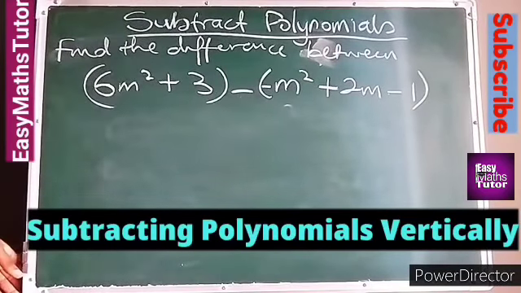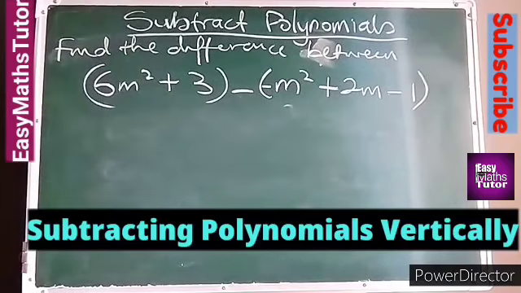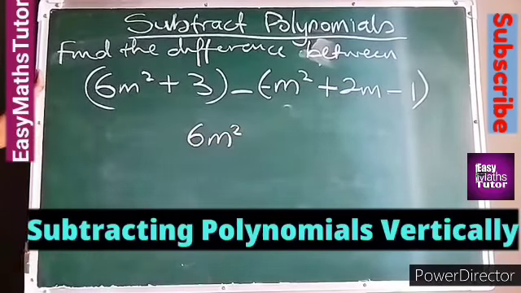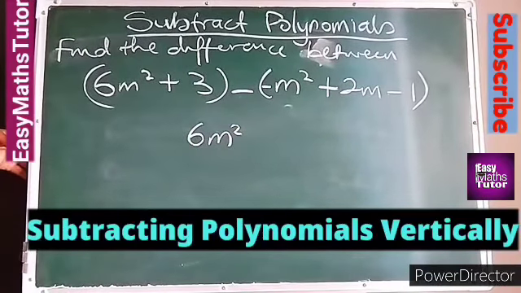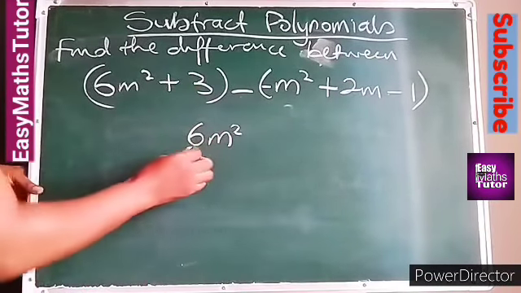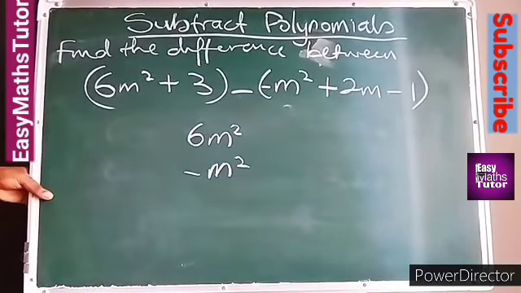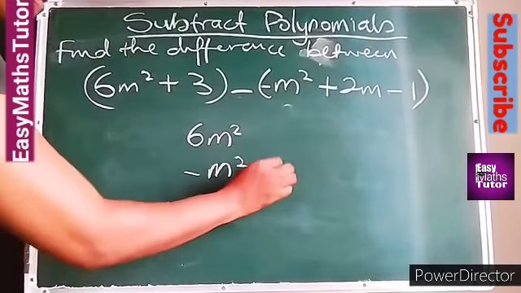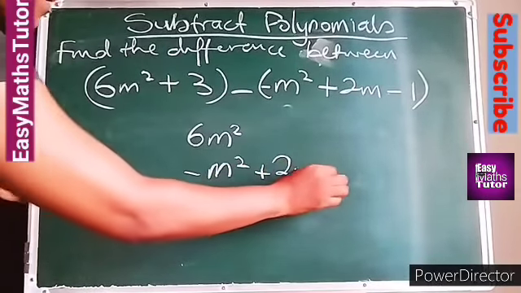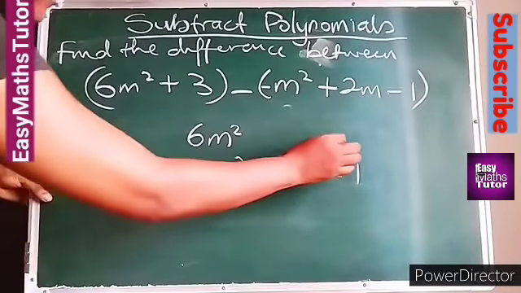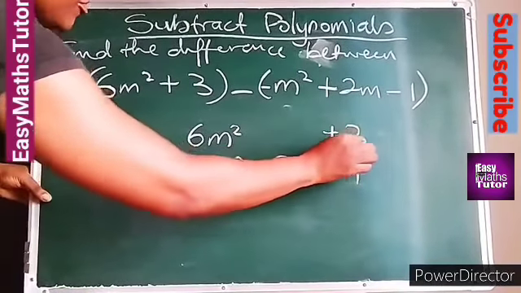Now I'm going to solve the same problem vertically, right? So we'll rearrange it. We'll have 6m squared, right? Let's just leave it there. Then we have minus m squared, plus 2m minus 1. And then we have plus 3.